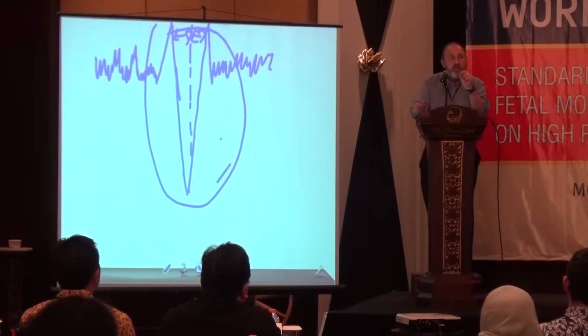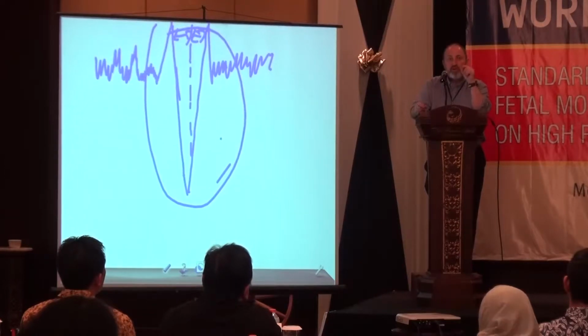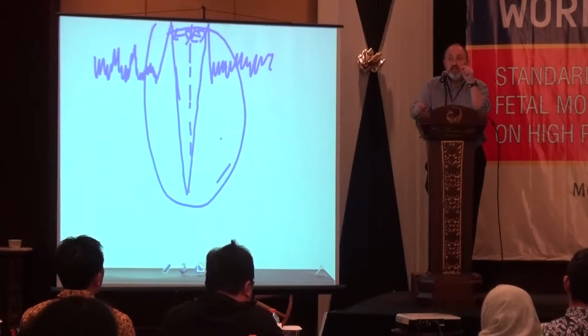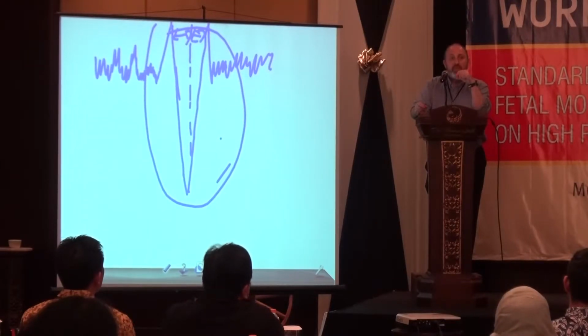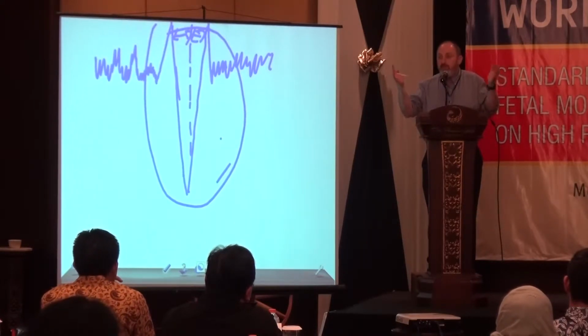Okay? So where do the contractions occur in relation to a variable deceleration? This has all the characteristics of what we call a variable deceleration, hasn't it? But where can the contraction occur? It varies, doesn't it? Variable, it varies.